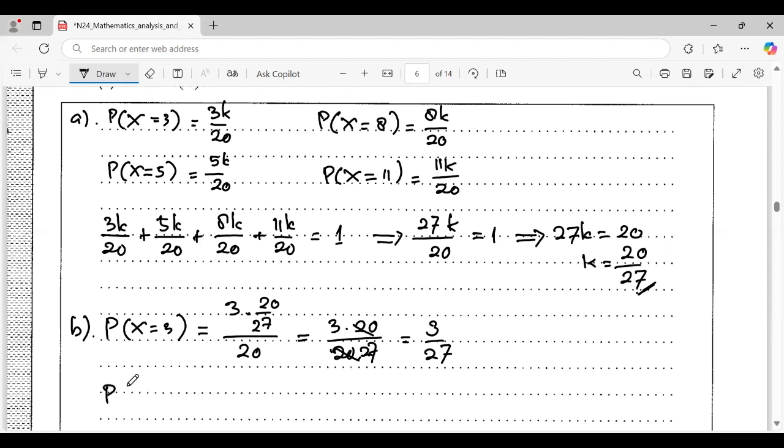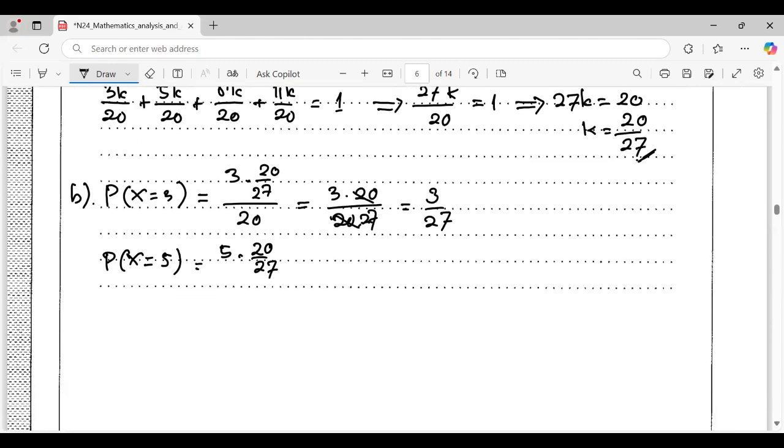So it equals 3 over 27. Next, probability x equal 5, according to this result. So 5 times 20 over 27 over 20, and it's equal 5 times 20 over 20 times 27, which is 5 over 27.